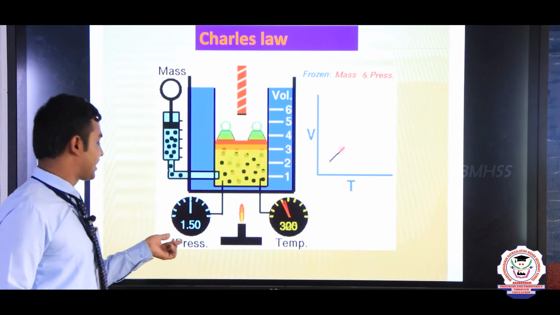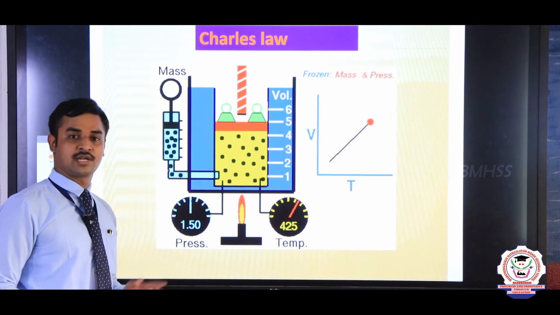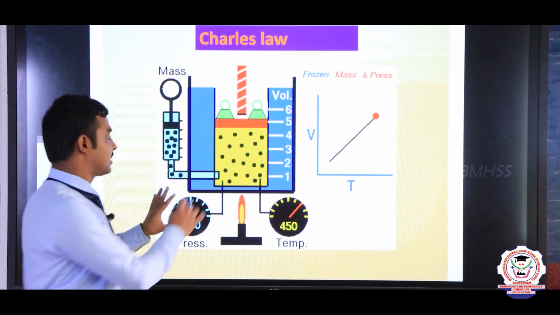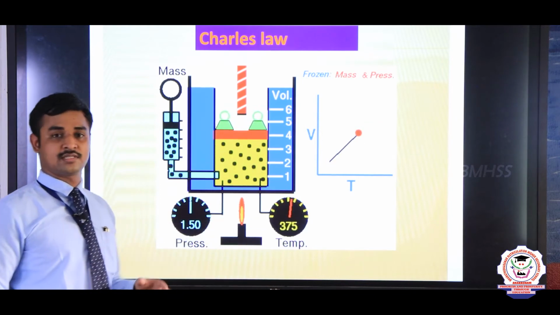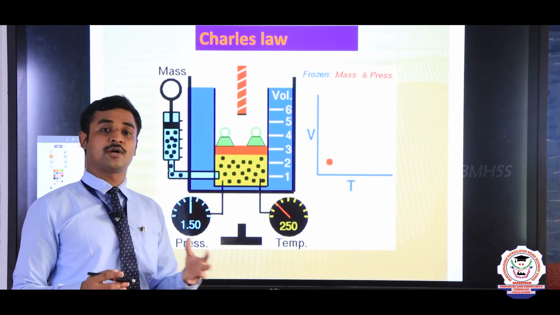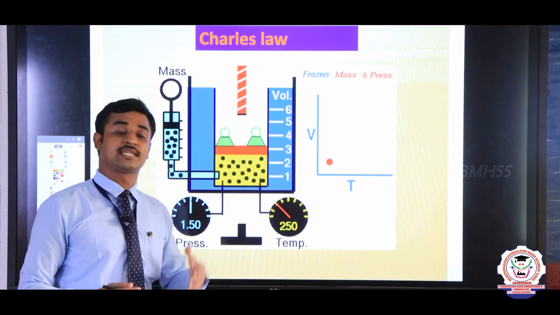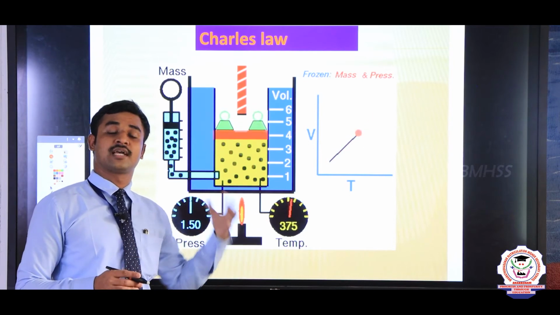Pressure is kept constant at 1.5 atmosphere for these molecules. With pressure constant, the volume must differ, because if the temperature is increased, the molecules absorb heat energy, which is converted into kinetic energy.